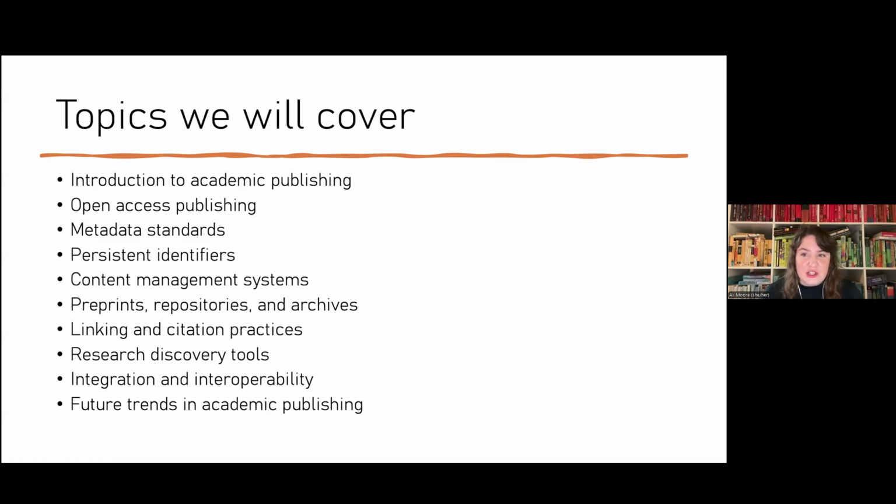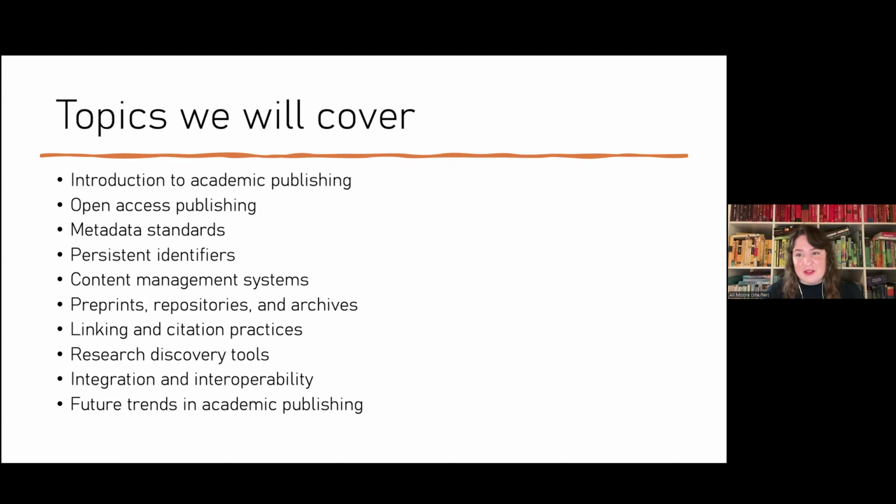We'll then dive into a conversation about research sharing. So thinking about preprints, repositories and archives, linking and citation practices, research discovery tools, and the integration and interoperability of all of those pieces. So how are they working together to make sure that research that is published and shared is findable? How does something like a scholarly profile work?